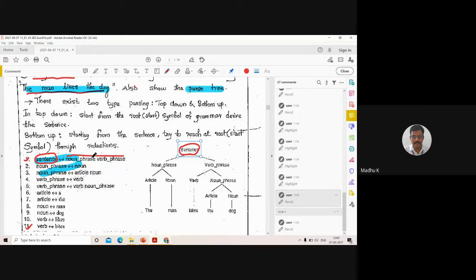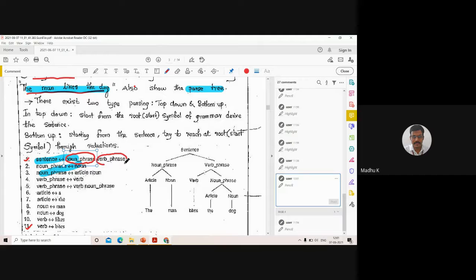Noun phrase is a variable. Verb phrase is another variable. These are non-terminals, for example A and B. So we have only one option here.